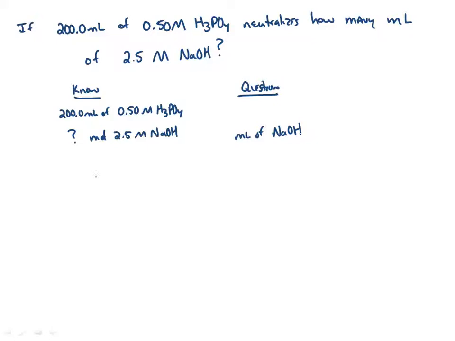And of course, we have a balanced reaction that goes with this. We know that 3 moles of NaOH react with 1 mole of H3PO4 to produce Na3PO4 plus 3 moles of water plus heat.